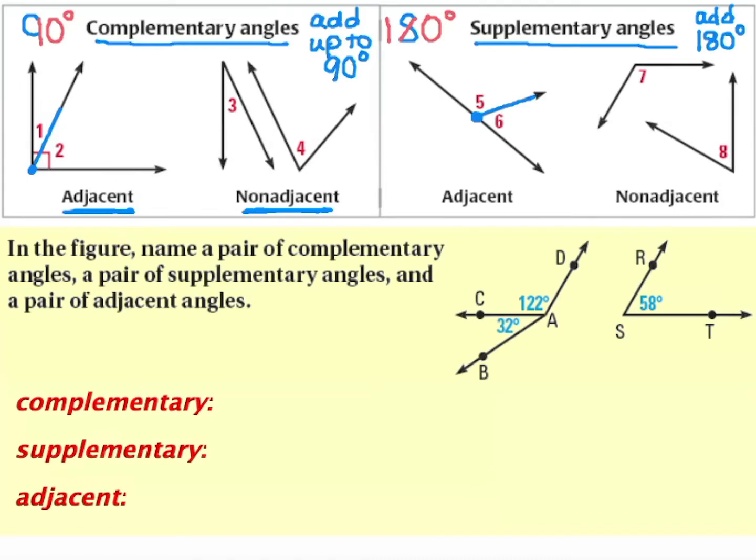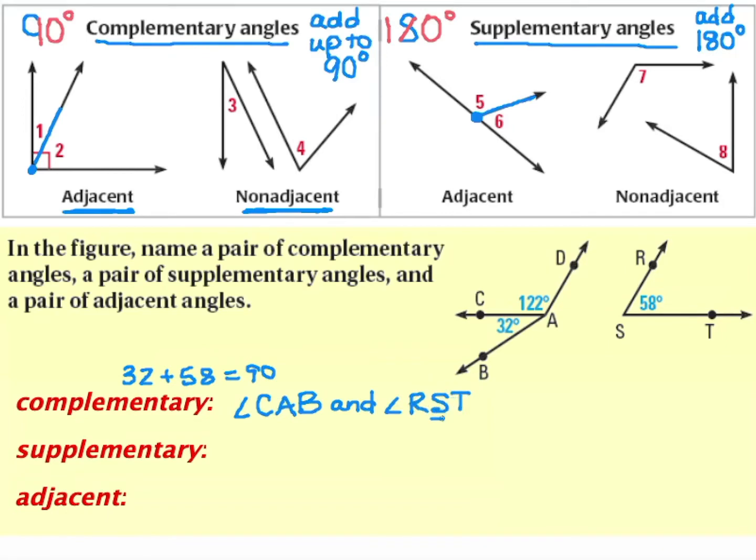Let's do an example. Here we've got some pictures down here, a 32, a 122, and a 58 degree angle. Can you find a pair that would be complementary? Complementary would be two that add up to 90. Is 32 plus 58 equal to 90? I think so. So we will say that 32 degree angle, maybe I'll call it angle CAB. And the other one in the pair is the 58, angle RST.